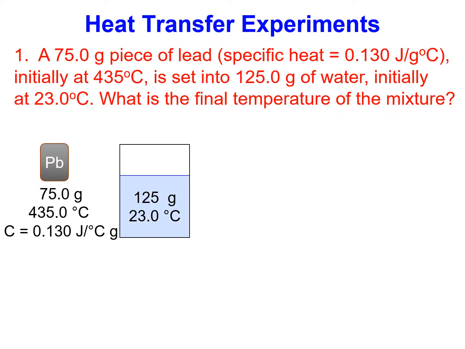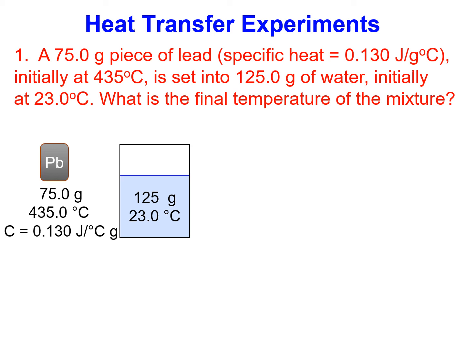So here's a heat transfer problem. A 75-gram piece of lead is initially at this temperature, 435, and it's set into 125 grams of water. The water initially was at 23 degrees. What's the final temperature of the mixture?